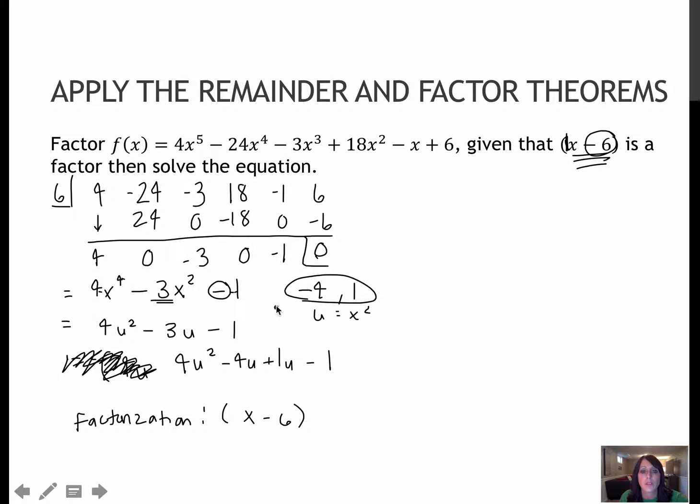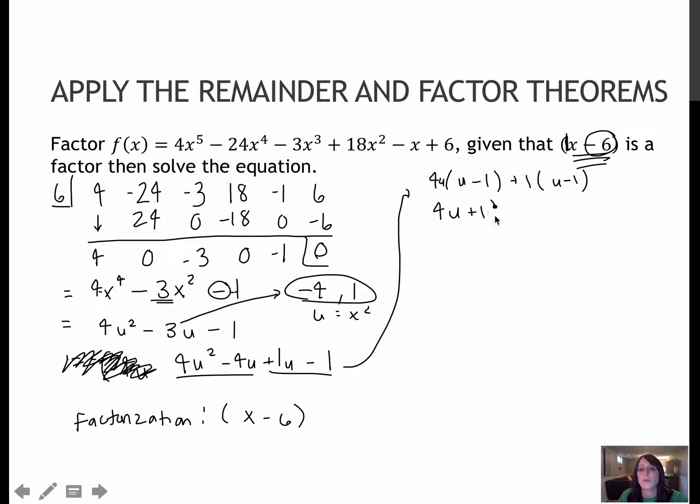Because these two values are the same as minus 3. Negative 4 plus 1, that's still minus 3. And this I can factor by grouping. So I'm going to call this 4u, u minus 1. And these two I would take out a 1, which would leave me with u minus 1, which gives me 4u plus 1, u minus 1.